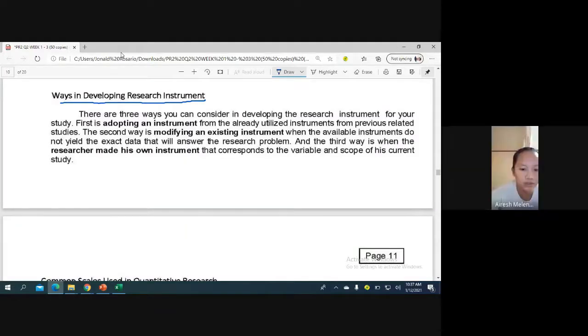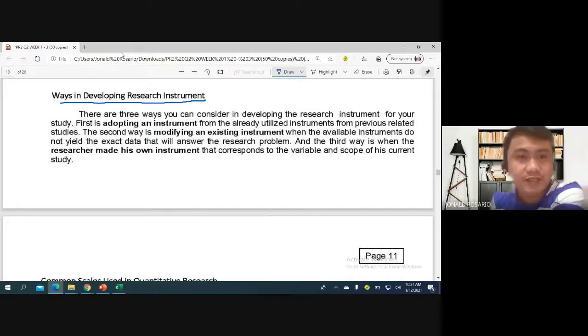Ways in developing research instrument. Nasa page 10. Ito, tingnan mo na lang ito. Anong pinakauna na paraan sa pagde-develop? Kasi nasa developing research instrument na tayo.